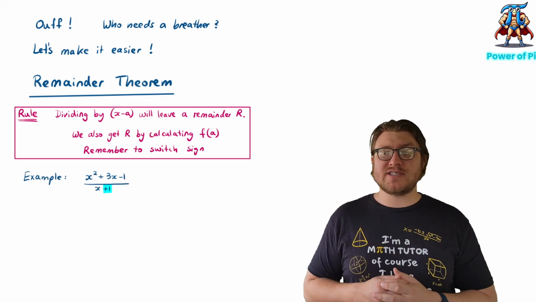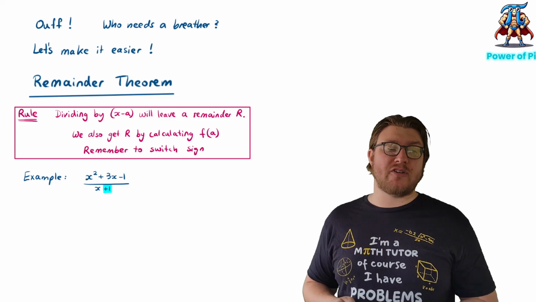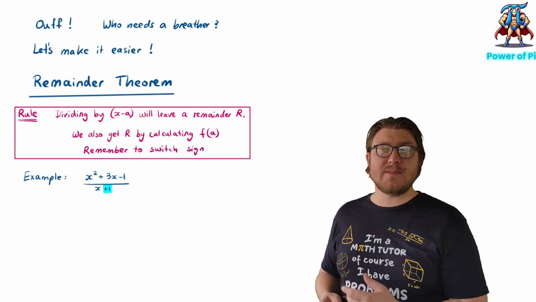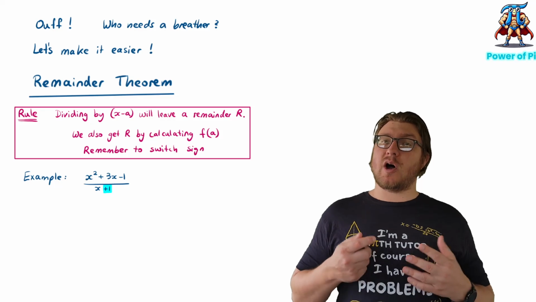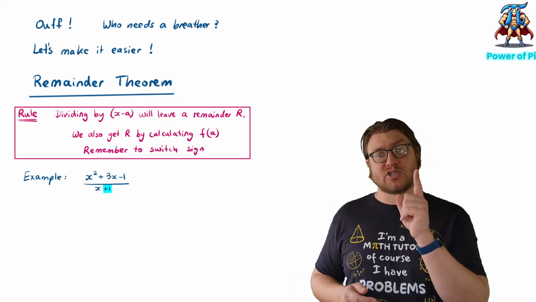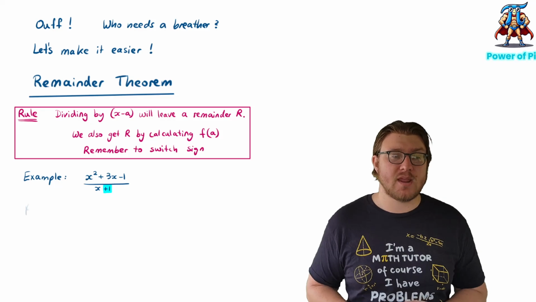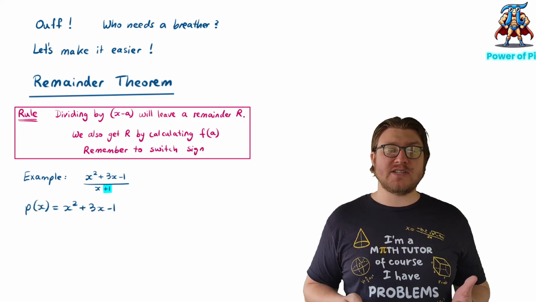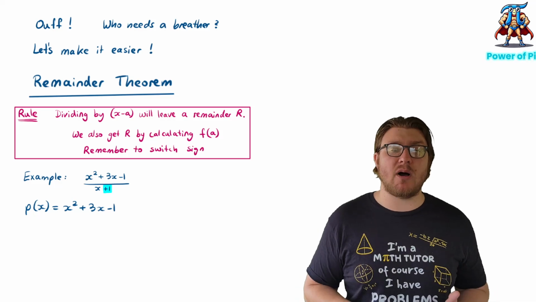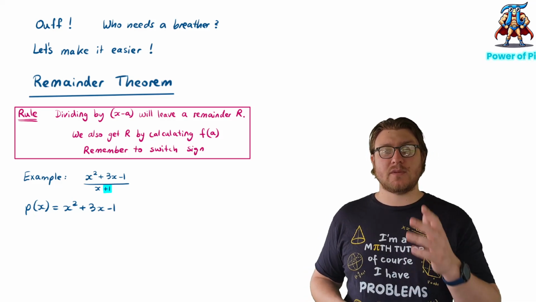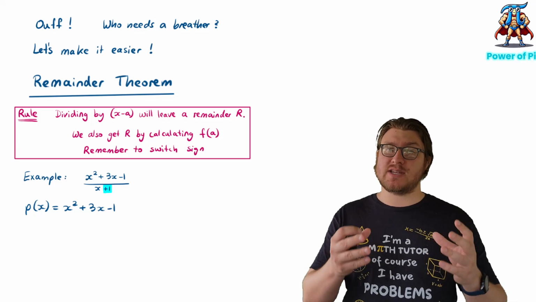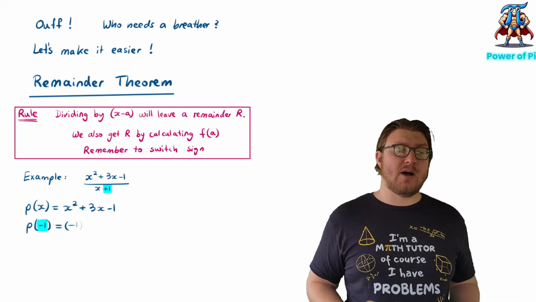So our first example is the same one that we've had before, and we're dividing by x plus 1, so the only thing you need to remember is to switch the sign to -1. Now, substitute -1 into our numerator, the one that we're actually using as a dividend. Now, what do we get?